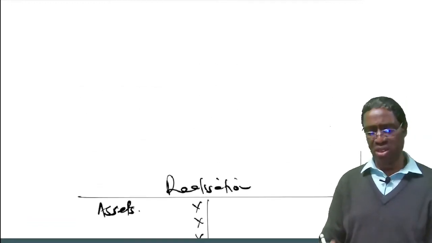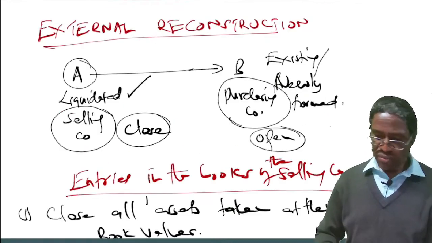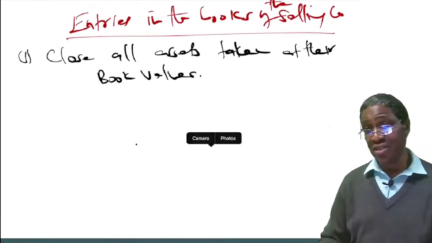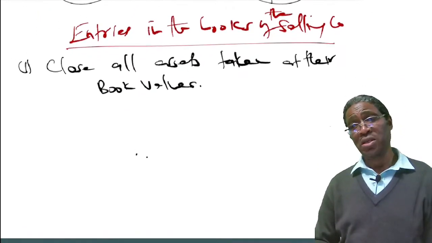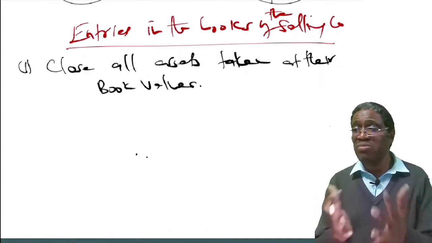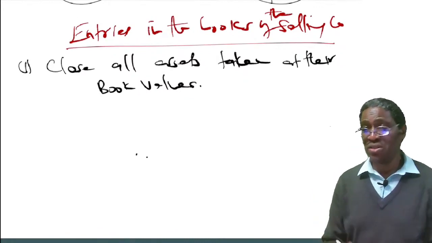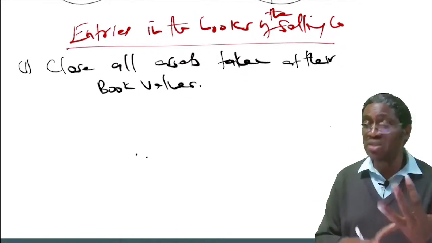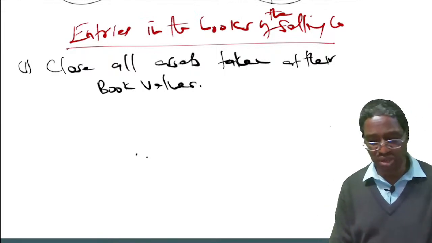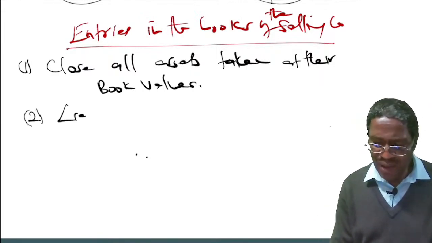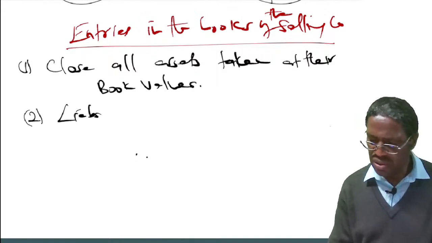Number two, company B might tell us they are willing to take over some of our liabilities. Maybe they want to take over our creditors, our loans, debentures, and so on.